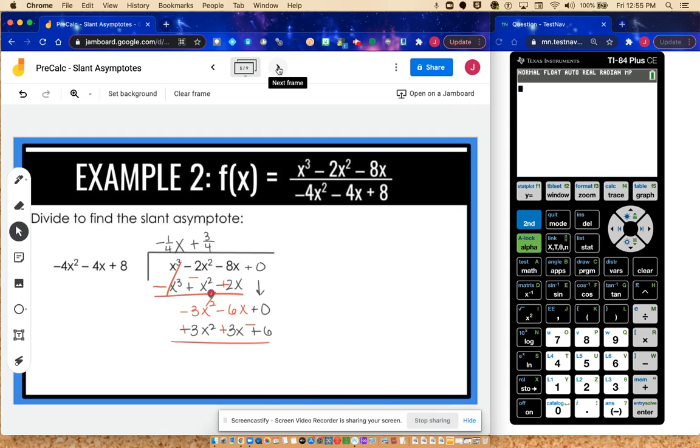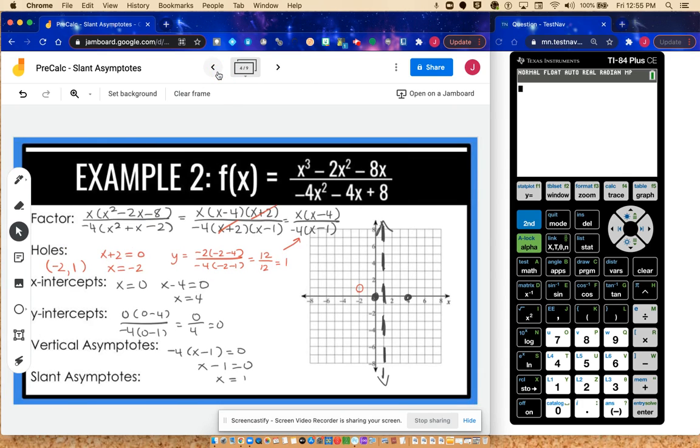The x squareds cancel. That gives us negative 3x minus 6 down here. That is our remainder, but what we're concerned about is up here. So that gives us y equals negative 1/4 x plus 3/4. All right, so that is the equation for our slant asymptote. Y is equal to negative 1/4 x plus 3/4.